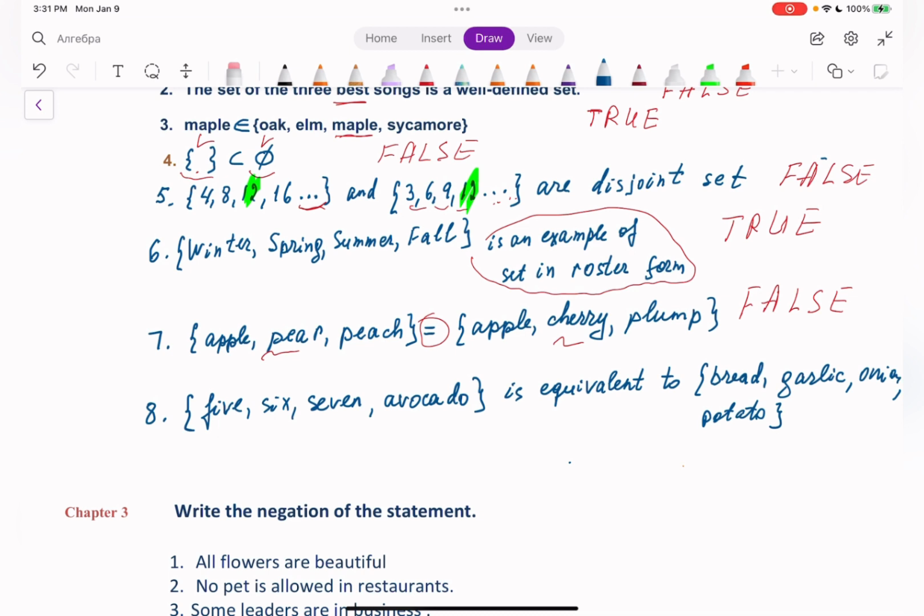I have 6, here is garlic, and so on. So equivalent is about an equal amount of elements, while equal is the same elements, okay? All right, so this is true. It's going to be equivalent.